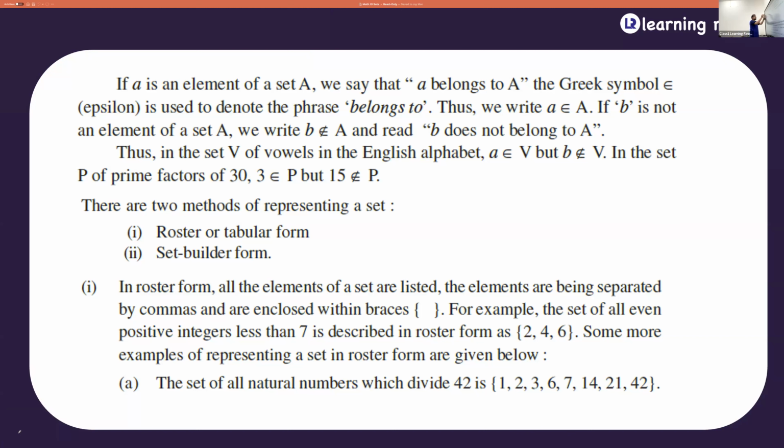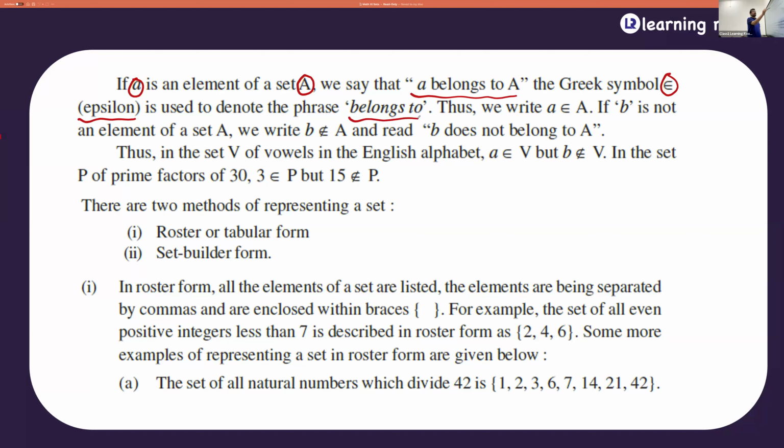For example, if I take a as the element, which is in lower case, of the set capital A, which is the name of the set itself, then how do you say that? We use this language: a belongs to A. But writing "belongs to" every time is tough, so instead we use the symbol epsilon, which replaces the words "belongs to".